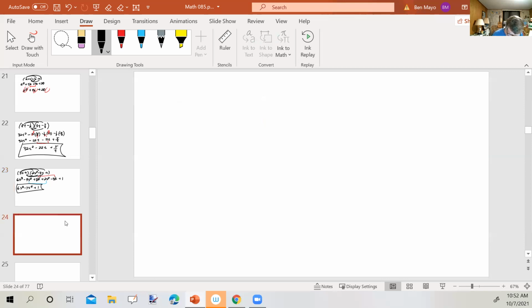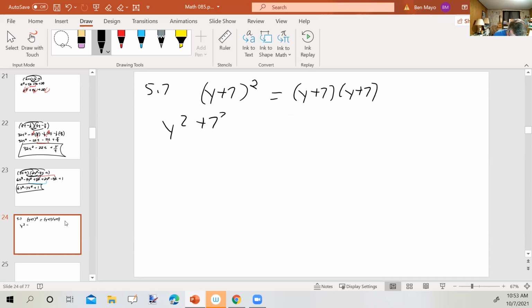All right, let's go on to section 5.7, which was special products. So if we have something like this, that says we have two factors of the base being y plus 7. So this is y plus 7 times y plus 7. It's not y squared plus 7 squared.